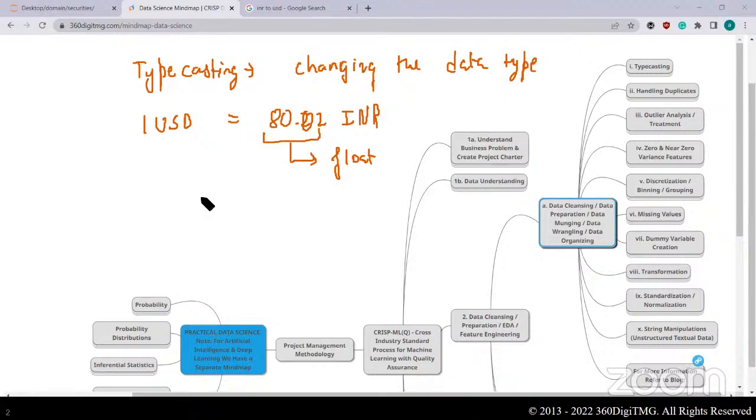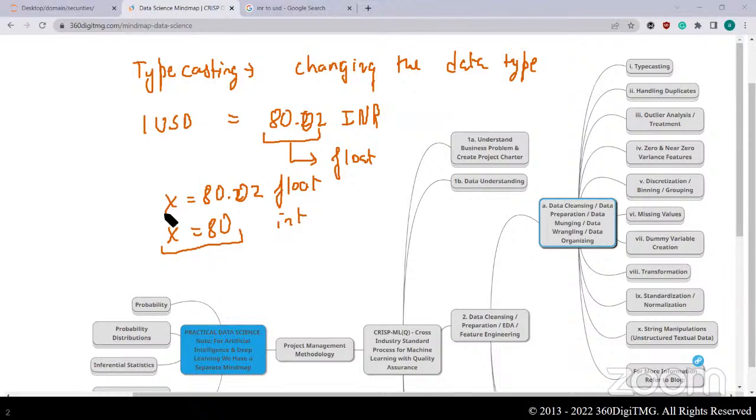So typecasting would be, if you have a variable declared as 80.02, you can convert this variable to 80 without any decimals. When you convert a float value, this is a float value and this is an int value. So this is called typecasting.